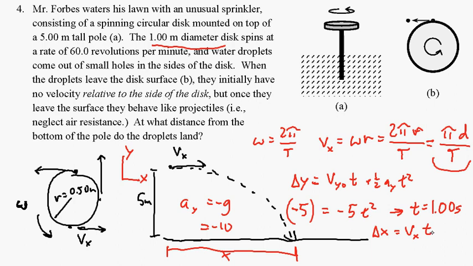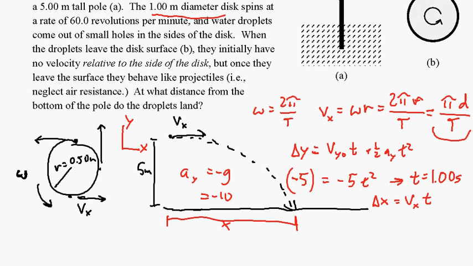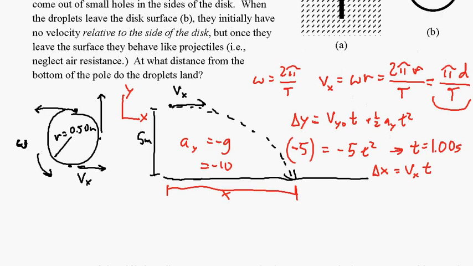Vx is pi d over big T, the period of the whole thing, times the time it takes to fall, which is 1.0 seconds.